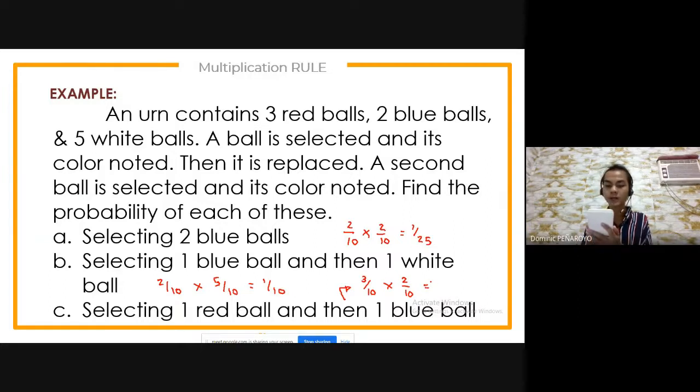Okay, so we will have here 3 over 10 times 2 over 10. So the probability of getting a red ball and a blue ball is 3 over 50.